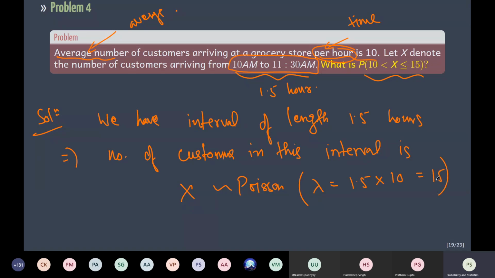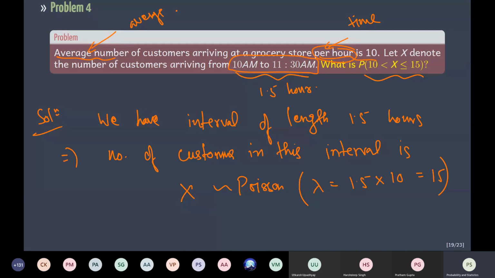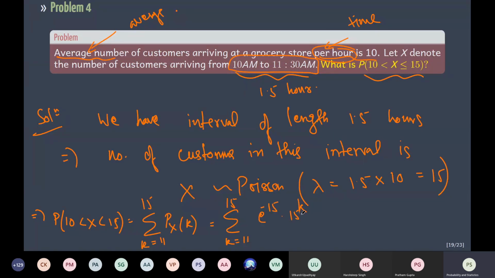Okay, so I have only this page left. So we can invoke this, which implies the probability of 10 less than x less than 15 is the sum over k equals 11 to 15 of the PMF of the Poisson, which is e to the minus 15 times 15 to the k by k factorial.